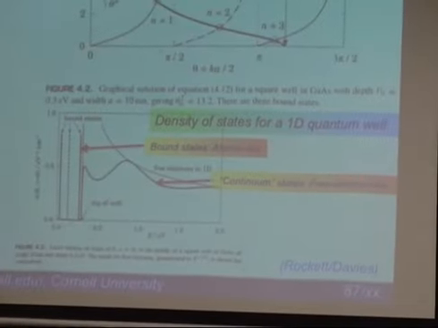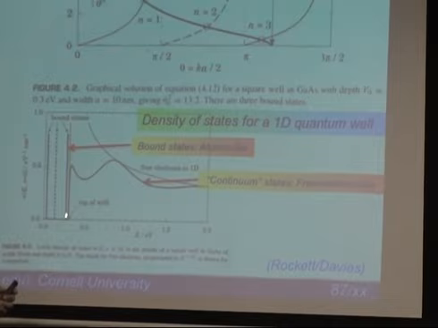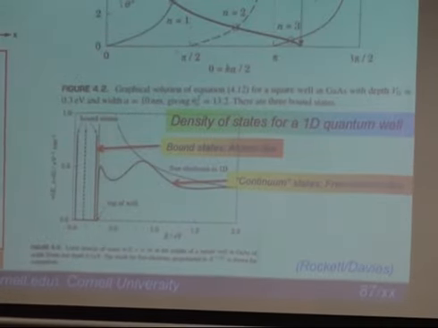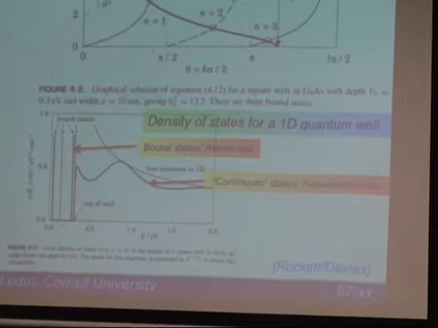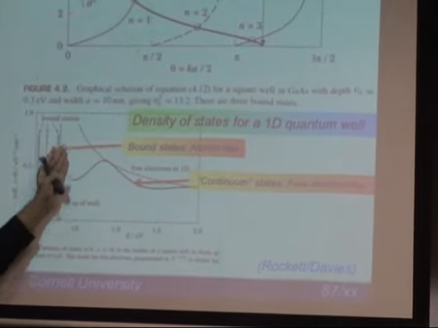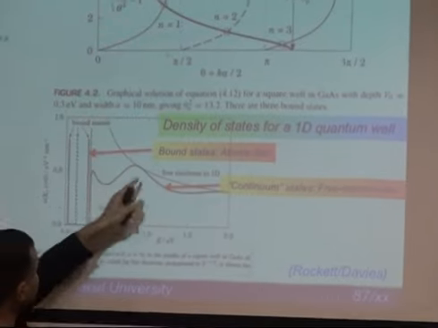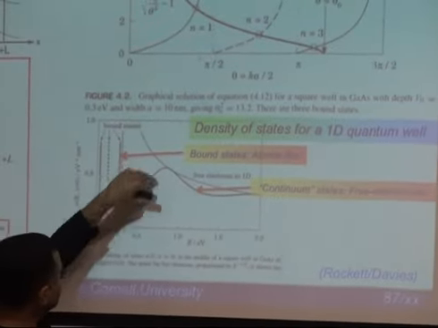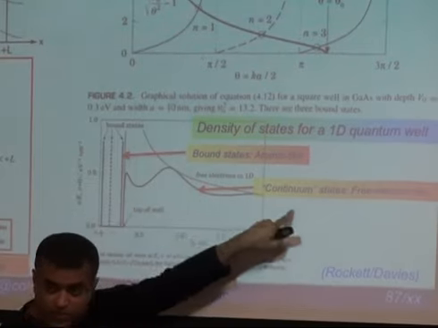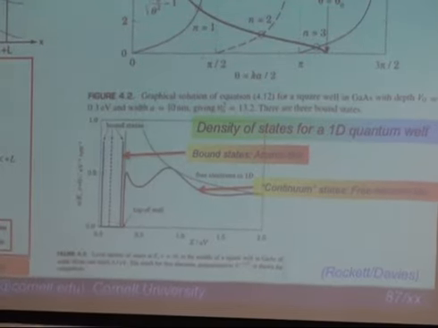But if your energy is lower than the barrier height, then you have discrete states, like atomic states. This is the density of states. It is very sharp for quantized states, and this is calculated, with some interference and resonances. By the time you reach very high energies, it starts looking like a free electron. There are no more quantum elements. So this is the density of states.